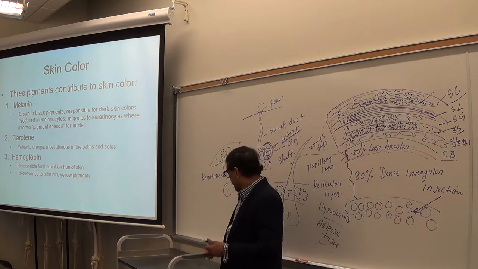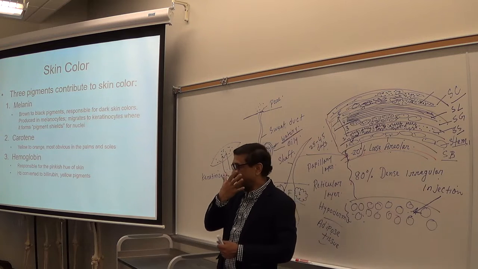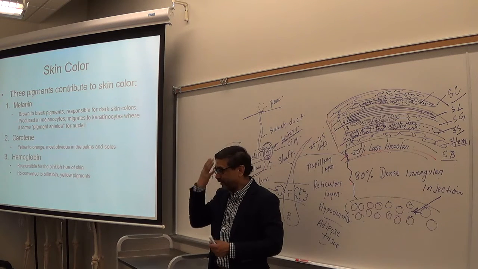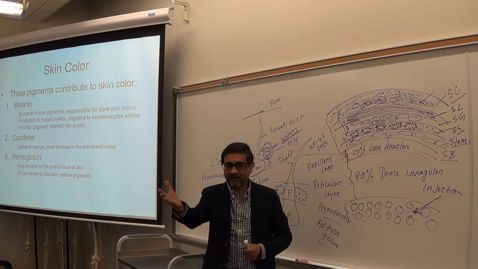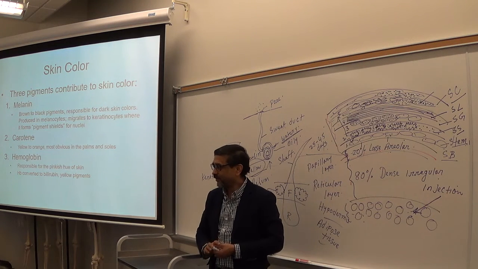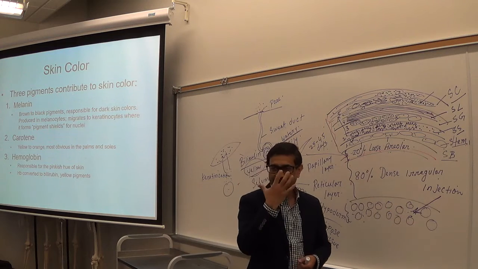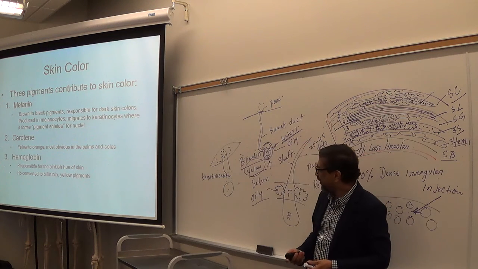You can also tell by looking at the color of the skin of your face that this person might have high blood pressure, hypertension. A flushed face turns red in hypertension.